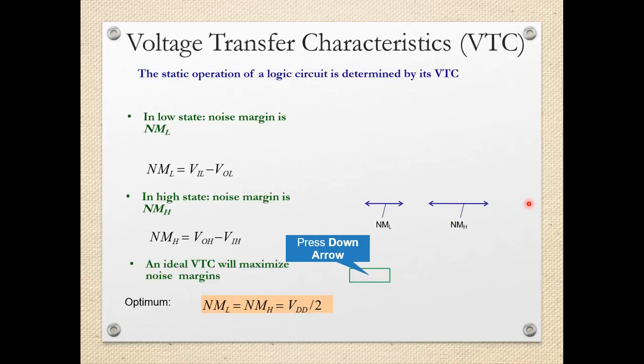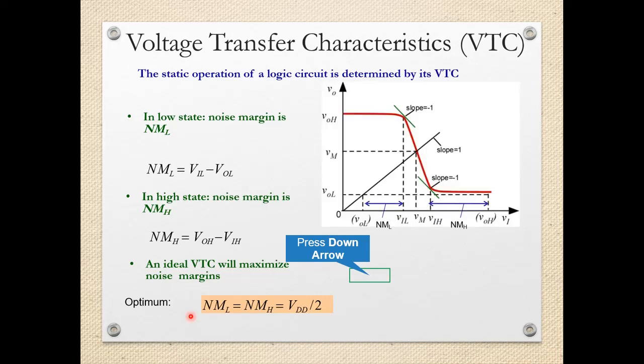We'll see the voltage transfer characteristic. It is also called the VTC. The static operation of a logic circuit is determined by its VTC. So this is the voltage transfer characteristic. We have Vi on the x-axis, that is the input voltage, and we have Vo, that is the output voltage, on the y-axis.